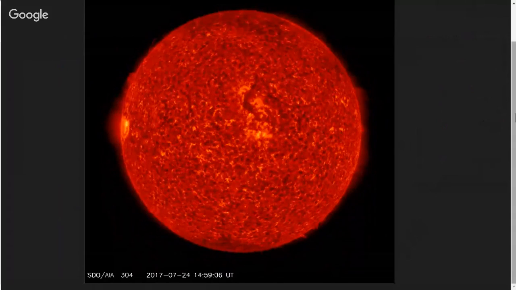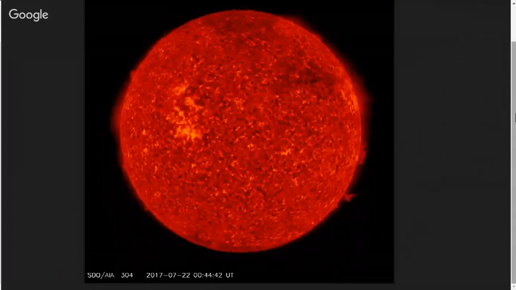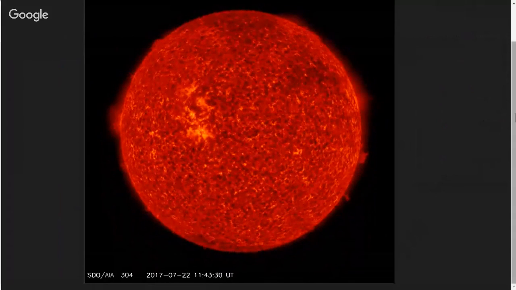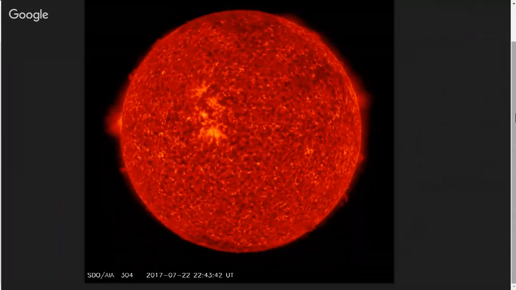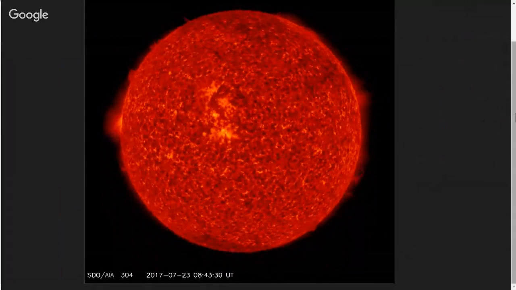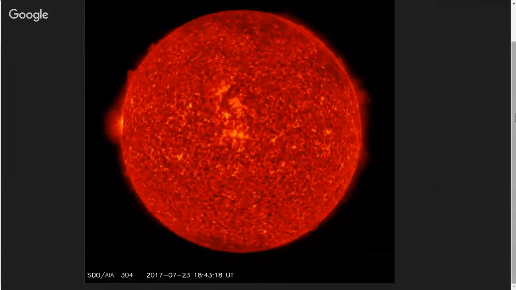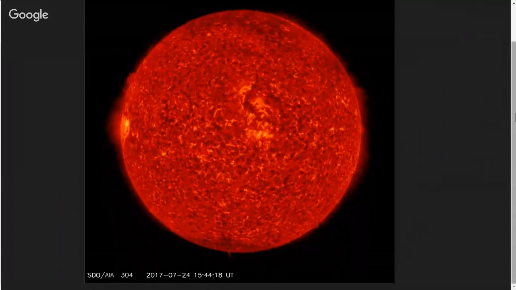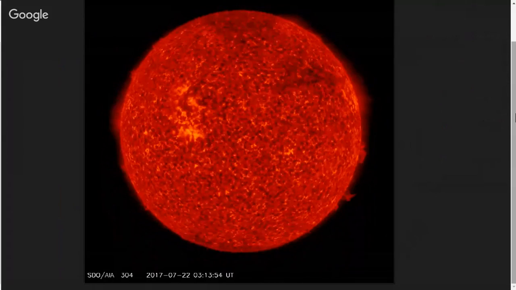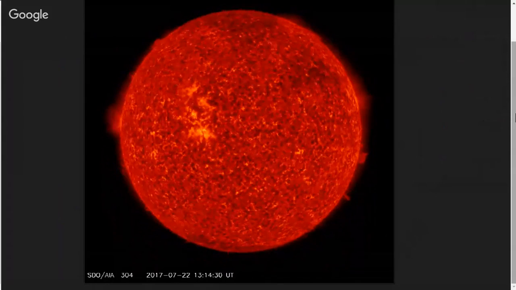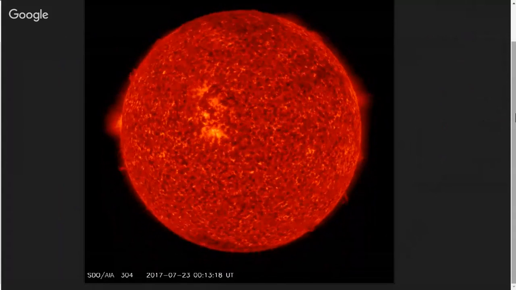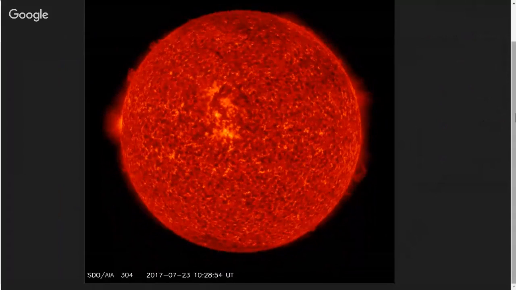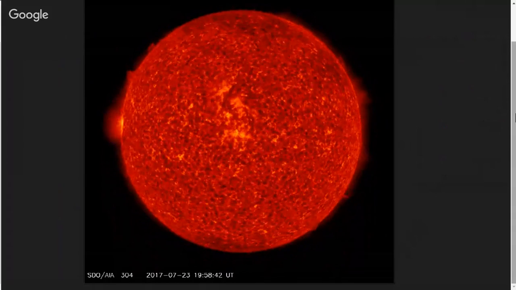So I think maybe this is what's happening with the sun. Basically, these objects, these brown dwarf stars in the inner solar system, with their high magnetic fields and the fact that they are magnetically connected to the sun and drawing on its energy, are causing the sun to basically become even more active than it was before, even perhaps closer to the solar maximum.